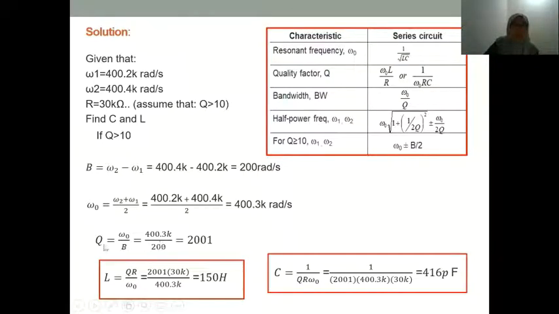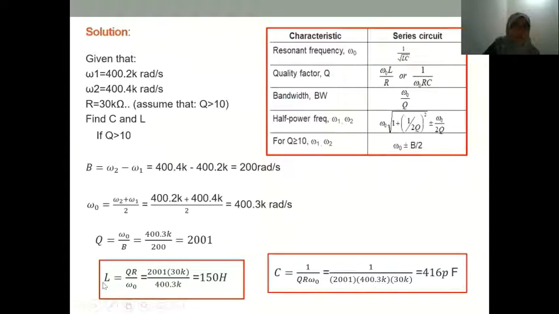Then you can get the quality factor, which is omega naught divided by B. From here we know that Q is greater than 10, so our assumption is correct. The Q is 2001.